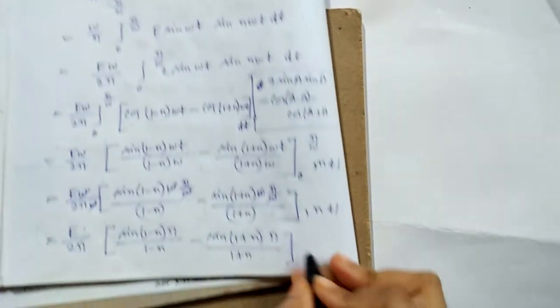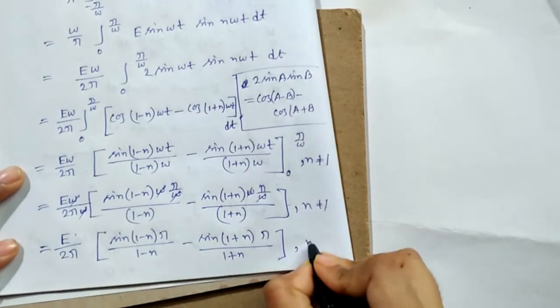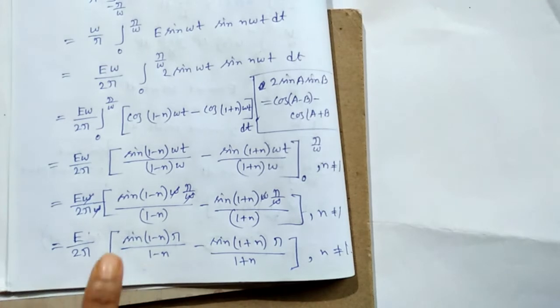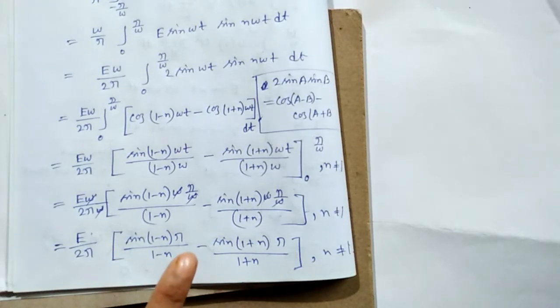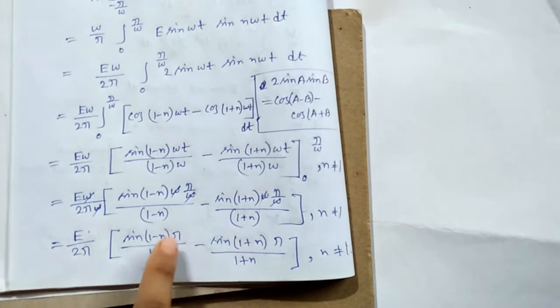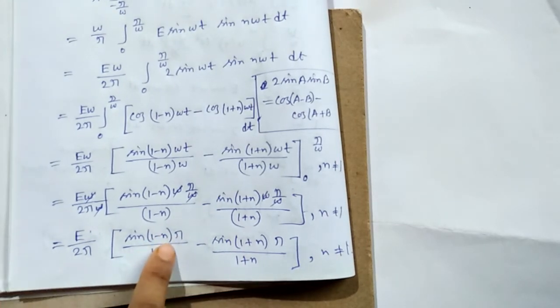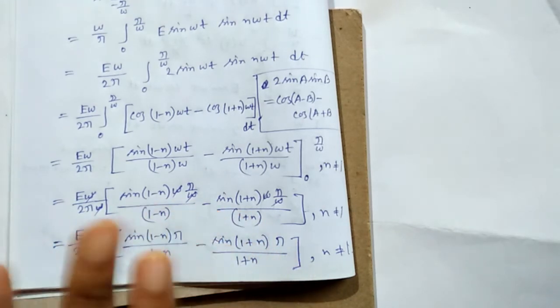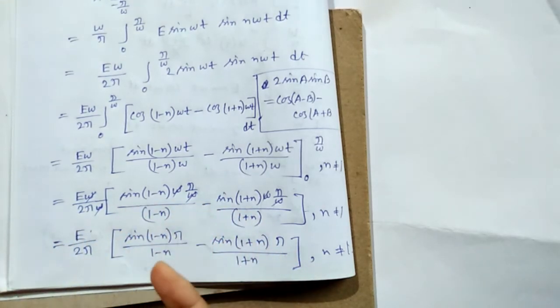So we get this for n not equal to 1, and we know sin pi is 0 for any value of n, that is, for n equal to odd, sin 2n pi is 0 and sin n pi is also 0.